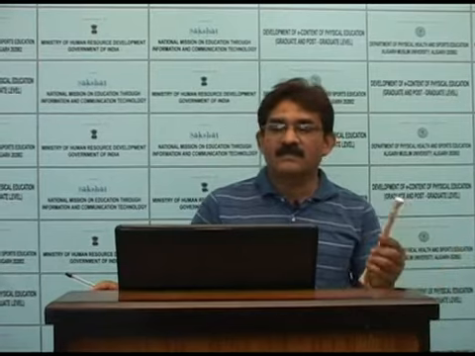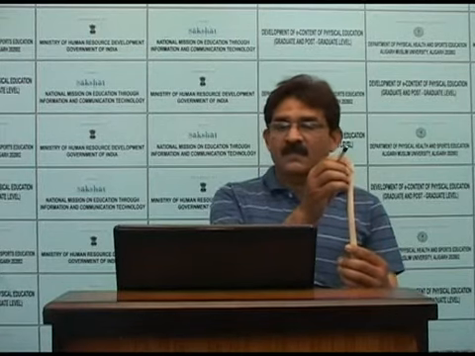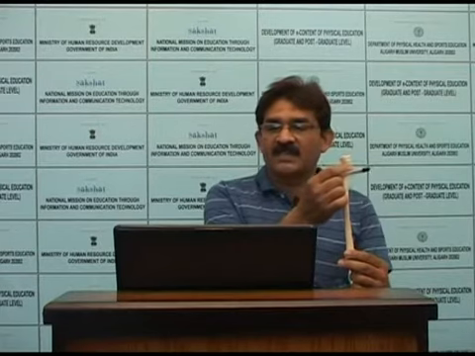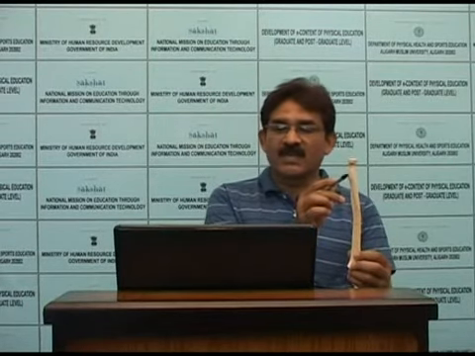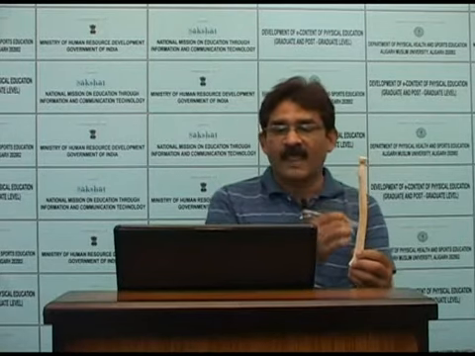Now we can discuss the radius. It has an upper end, the head of the radius, and this is the neck of the radius, and the radial tuberosity. This is the radial tuberosity and articular circumference.